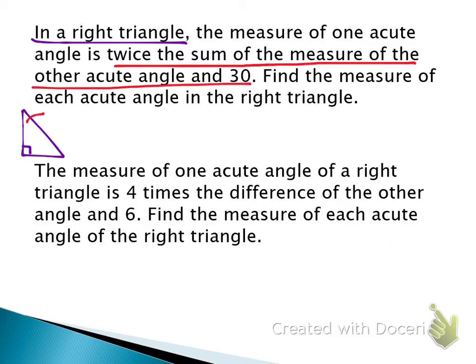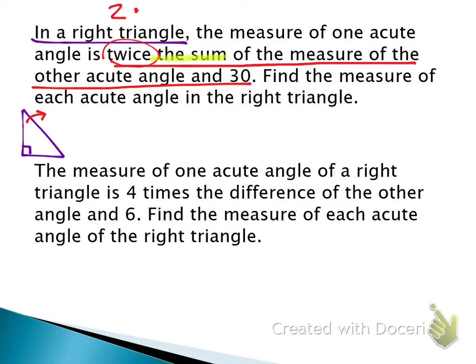We're just going to pick an angle for them to have described. It says twice the sum. First of all, twice means 2. Is it 2 plus, 2 minus, 2 times, 2 divided by? Twice means 2 times. So it's 2 times the sum.